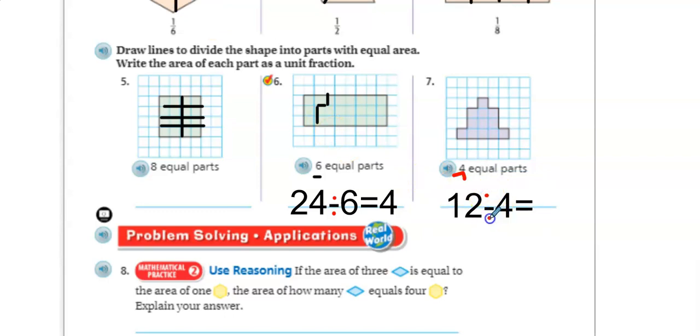Hopefully you're seeing that 12 divided by 4 is going to equal 3 in each group. So you divide that, get 4 equal parts, and in each one there's going to be 3. Multiplication and division will help you.